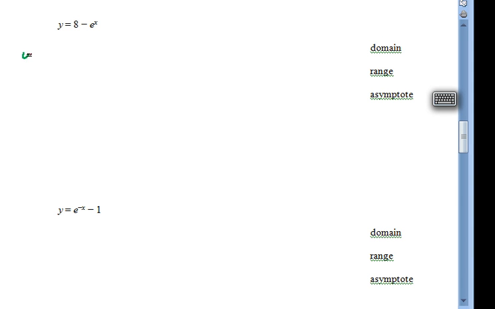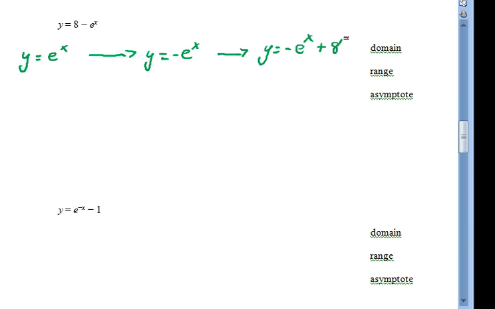So we'll start with y equals e to the x. We'll go to the opposite of e to the x, and then we'll add 8. That is the same as 8 plus the opposite of e to the x, or 8 minus e to the x.